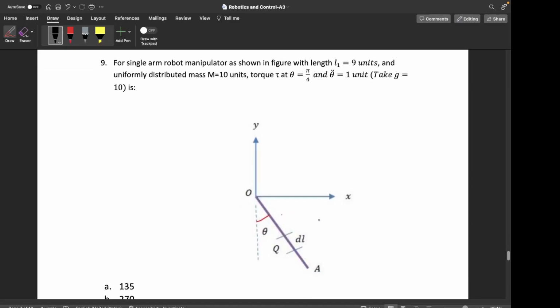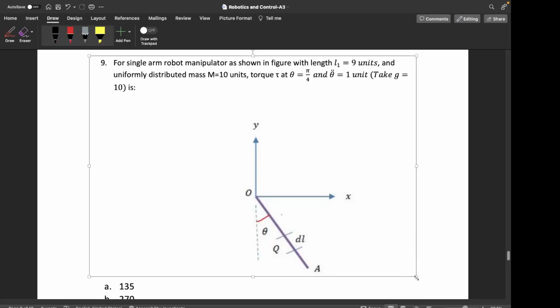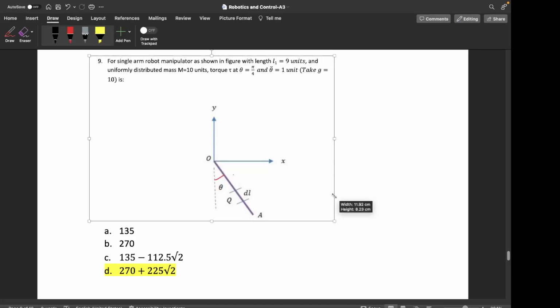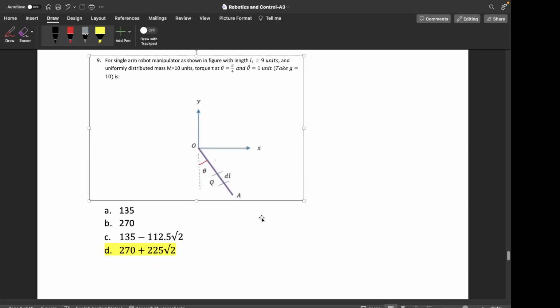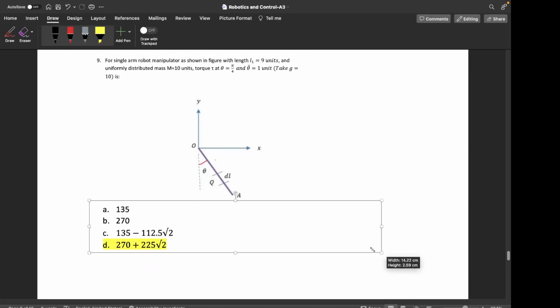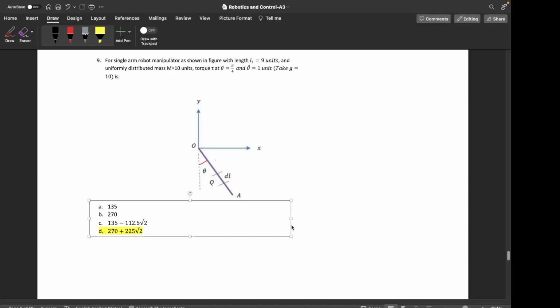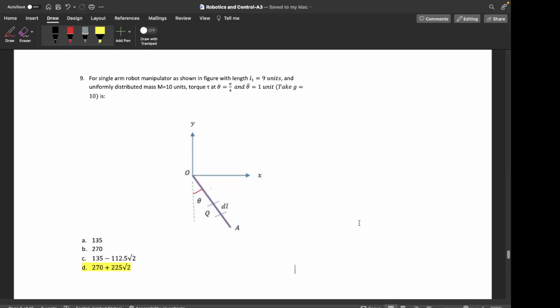Okay, next question we have. Let me just reduce the size of this one. Yeah, next question that we have is again a distributed mass system.